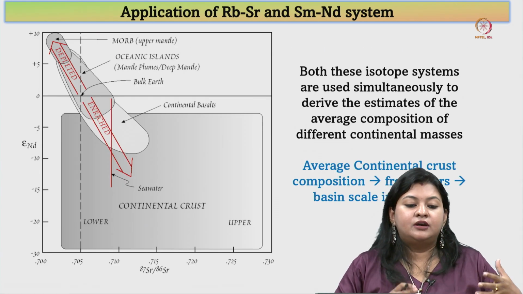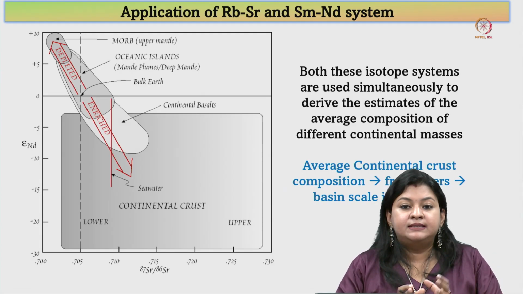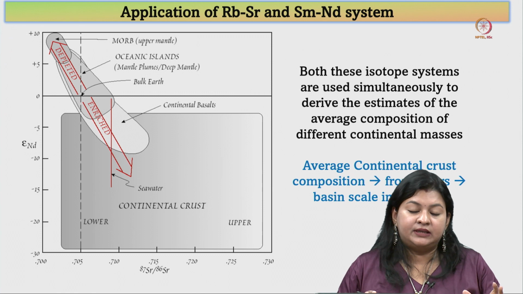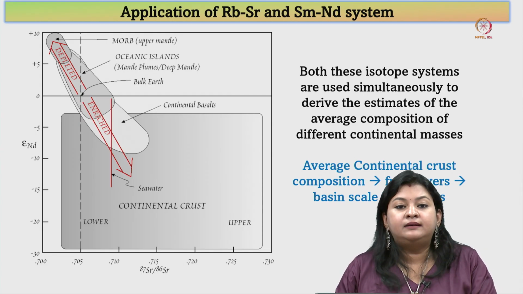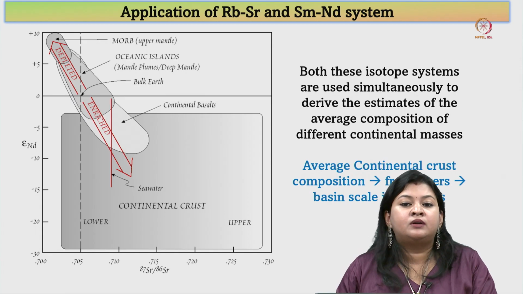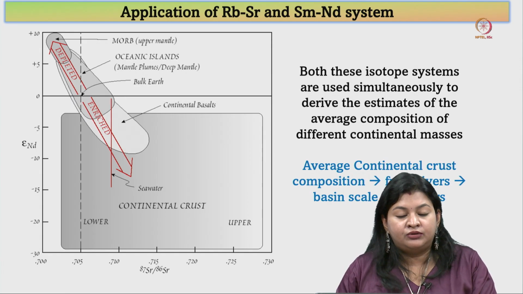And this rubidium-strontium system and the samarium-neodymium system have opposite signatures. The crust has more radiogenic strontium but more unradiogenic neodymium, with the mantle sources having more unradiogenic strontium and more radiogenic neodymium.